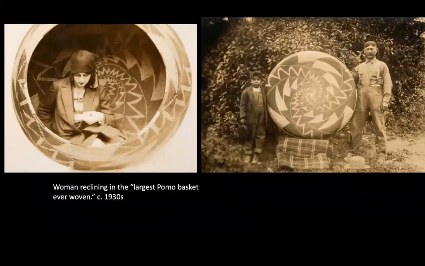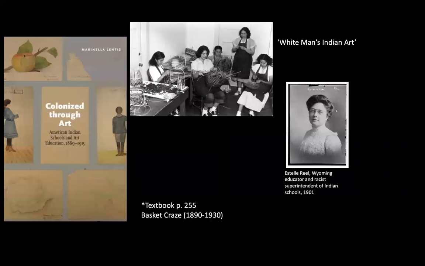A sad part of this story is that baskets and other tribal turned ethnic arts were quickly picked up and used by settlers to further assimilate native people. By 1901, boarding schools began incorporating native folk arts into their curriculum, and children were literally colonized through art, and they were forced to make designs that did not align with their own tribal traditions, but instead were chosen by their non-native art teachers to make and sell to the white market.